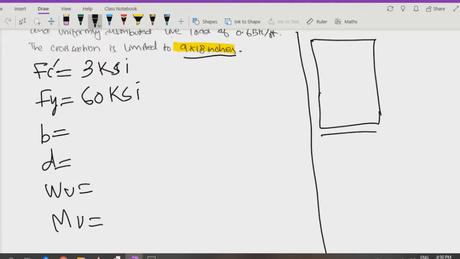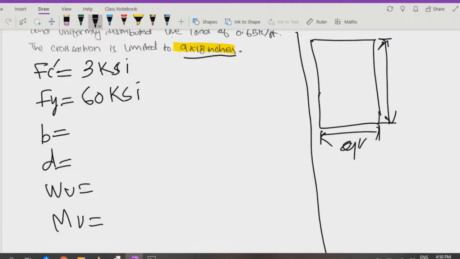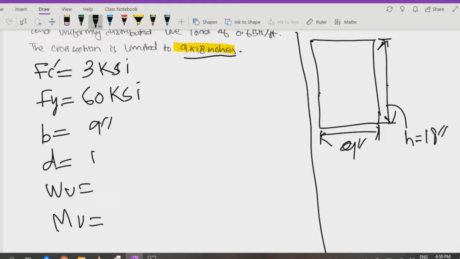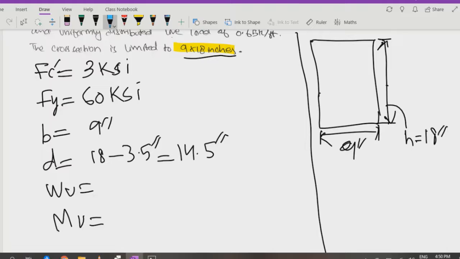This is 9 inches width, and this whole height h is equal to 18 inches. So we have b equal to 9 inches and d equal to 18 minus 3.5 inches, which is equal to 14.5. Now what is this 3.5?